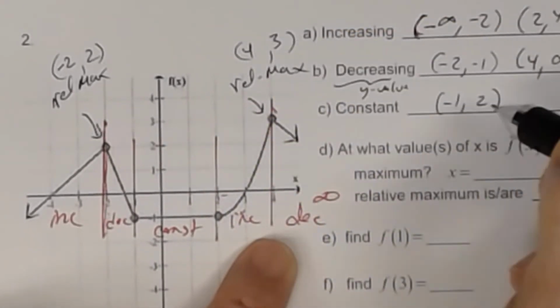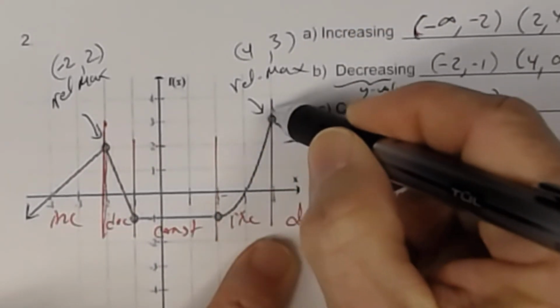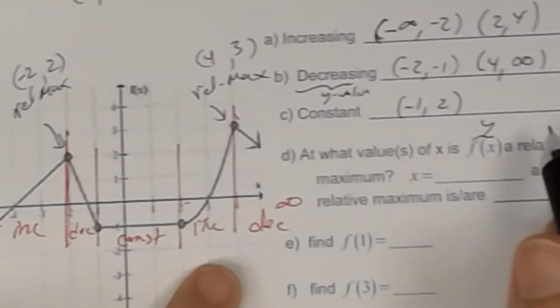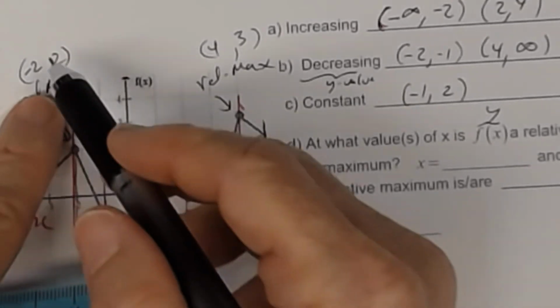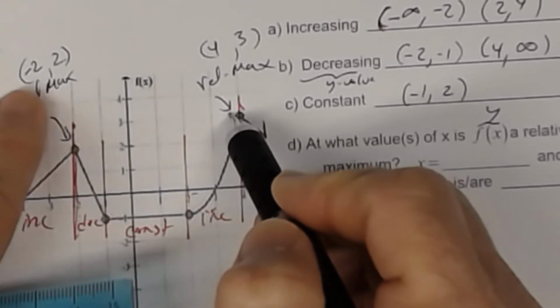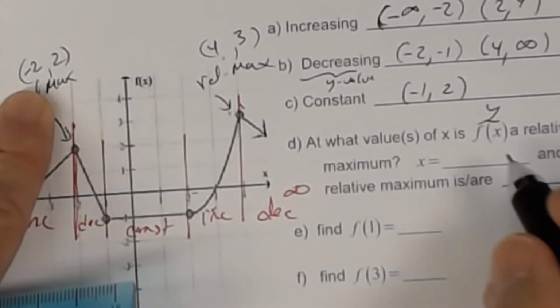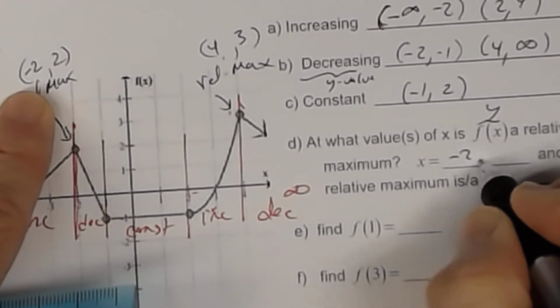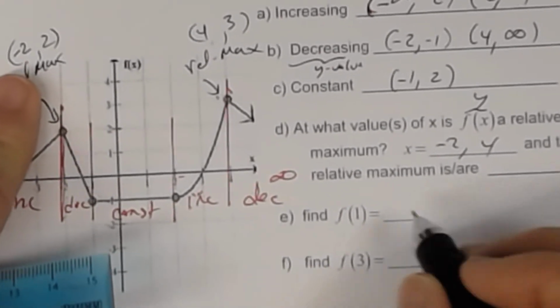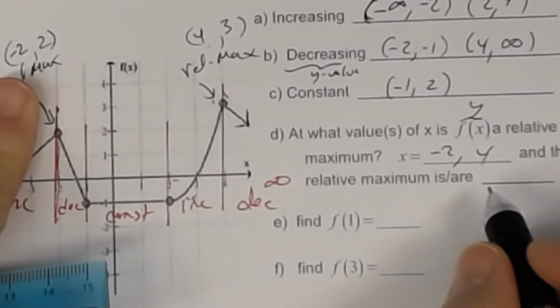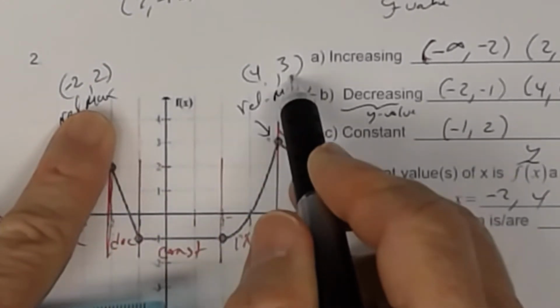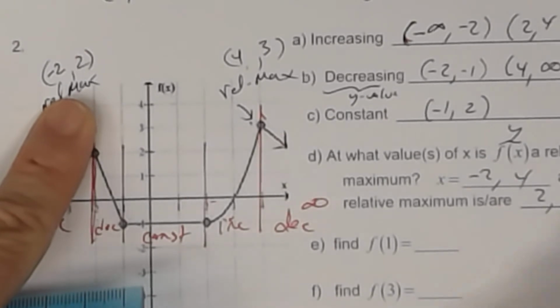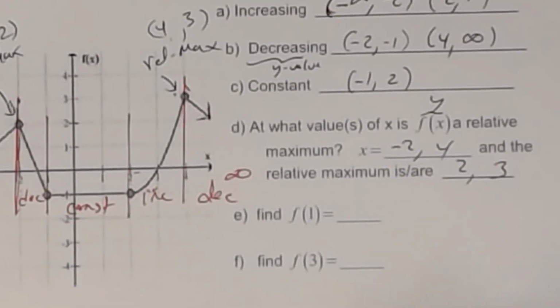So y is a relative max here and here. That'll be x equal to -2 and x equal to 4. What is the relative max? That's the y value, so that'll be 2 and 3. Okay?